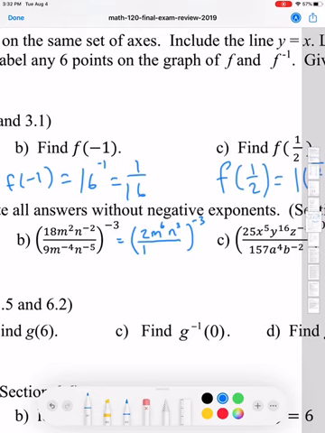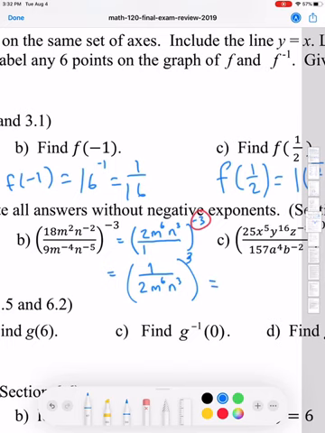Now the next thing that we're going to do, since the exponent on the outside is negative, I'm going to flip the fraction to make it a positive. And now this 3 becomes a positive. Positive 3 instead of negative 3. We just flip it around. That's all we're doing here.